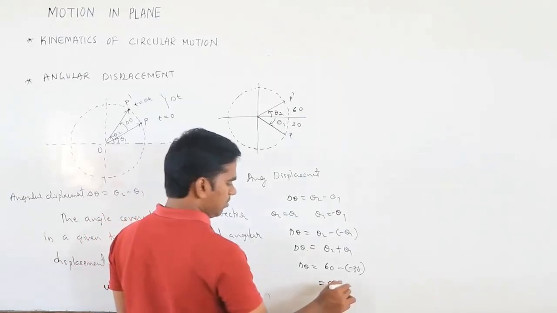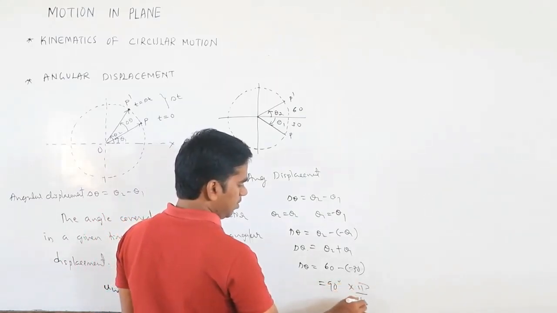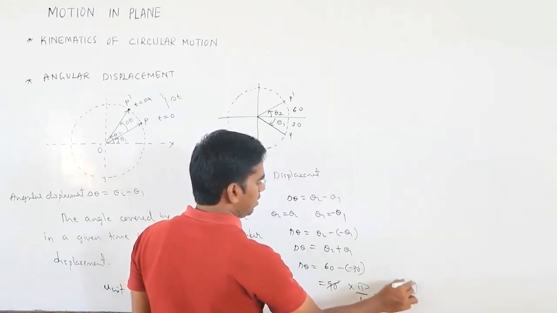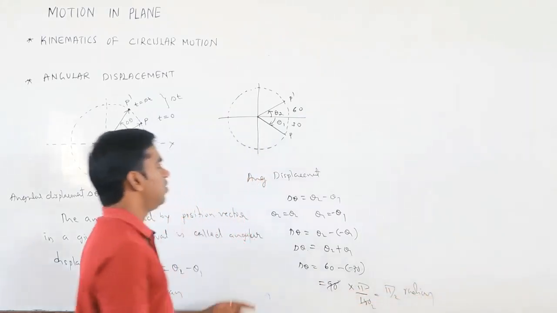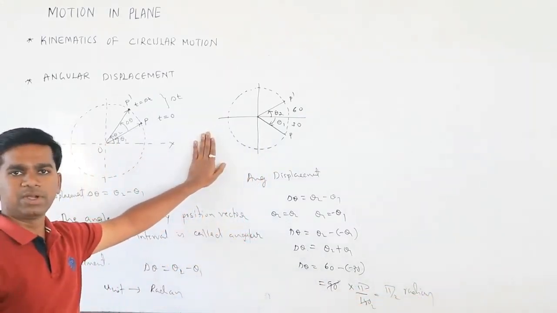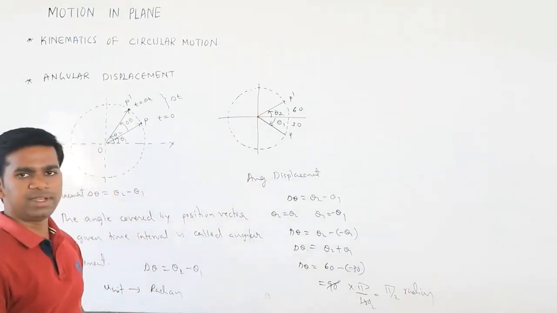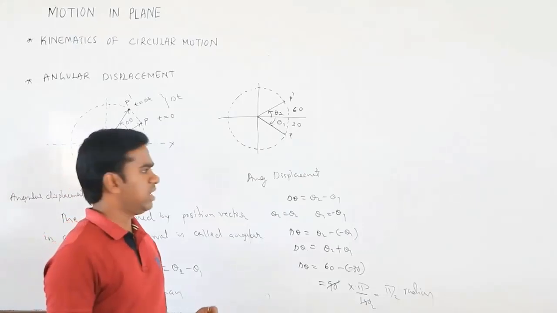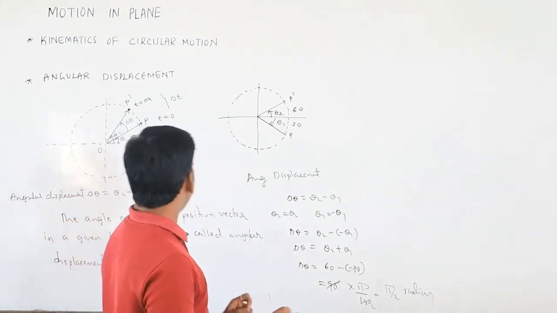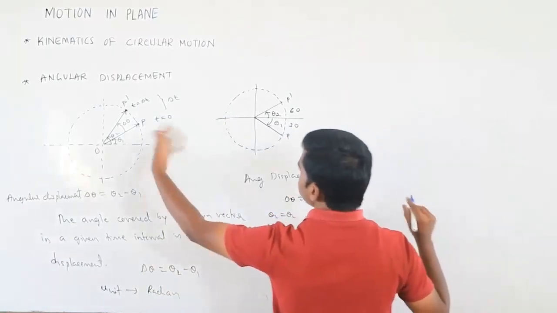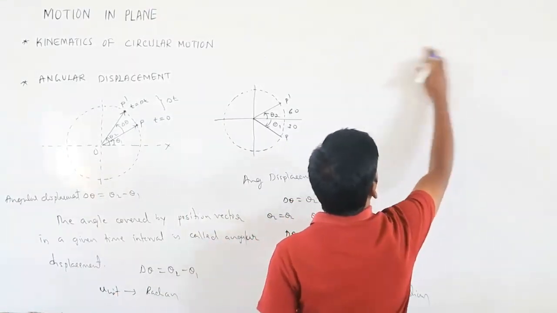To convert to radians, multiply by pi by 180, so it is pi by 2 radian. Remember when to take positive and negative; these small things often cause trouble in solving problems.